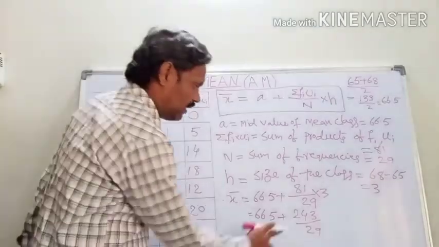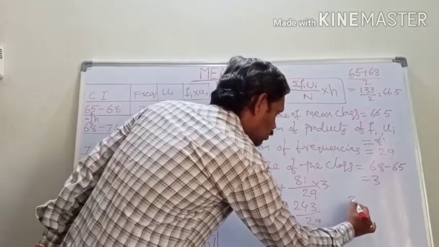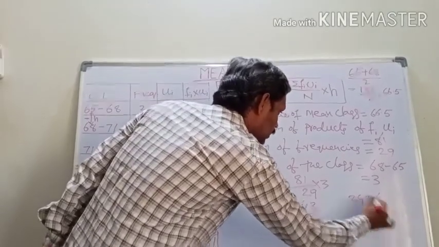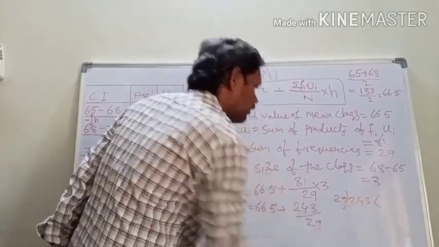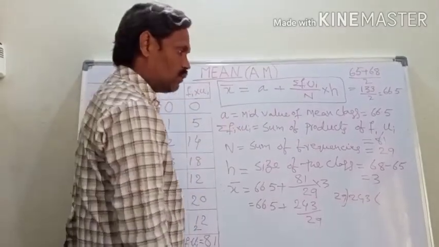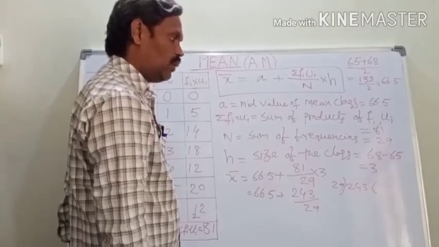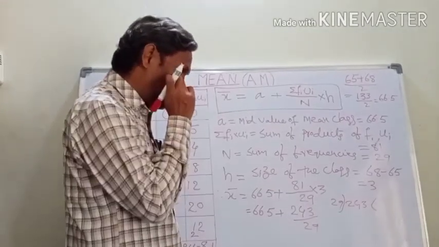So you will find the value of this in decimals. How much is 243 divided by 29? 29 ones are not going, so for 243, how many times does it go? 29 8s or 29 9s.